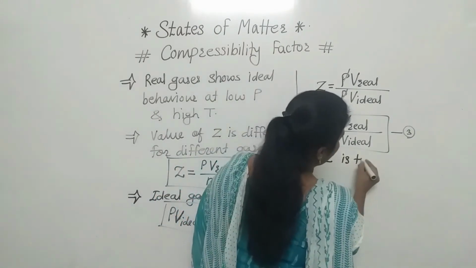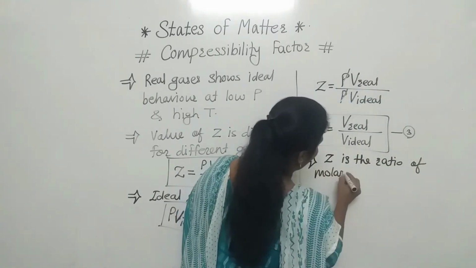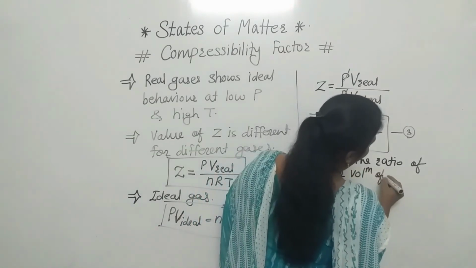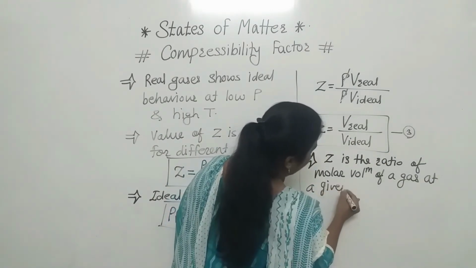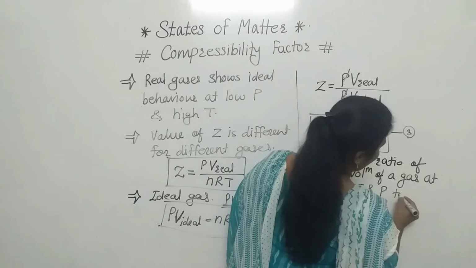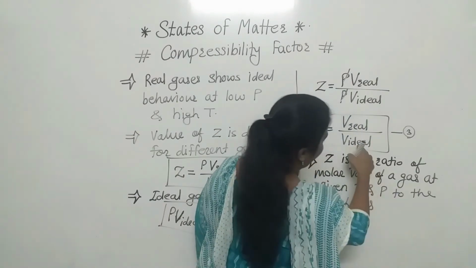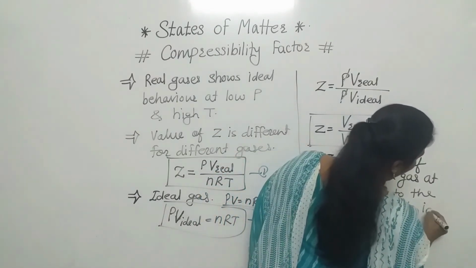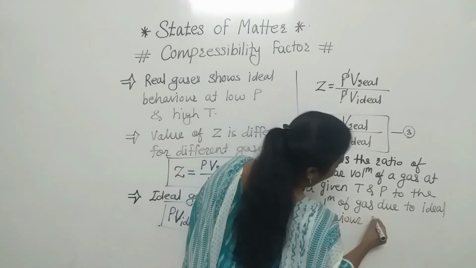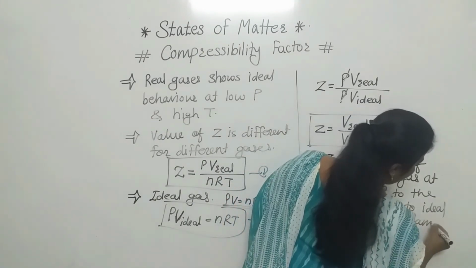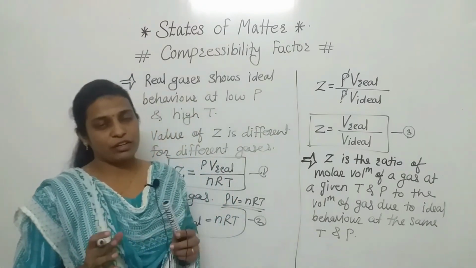The compressibility factor is the ratio of the molar volume of a gas at a given temperature and pressure to the volume of gas due to ideal behavior at the same temperature and pressure. So in this way we have completed the compressibility factor point.